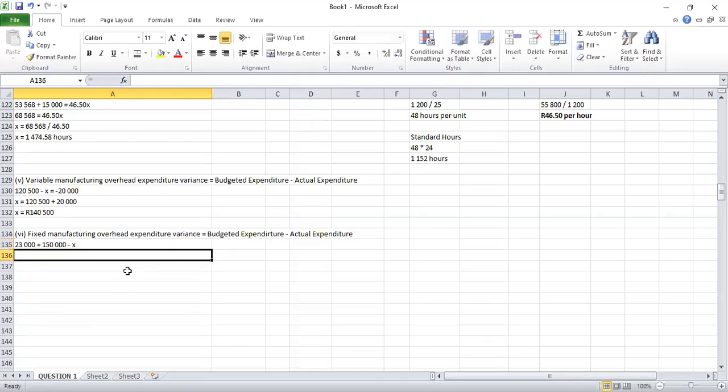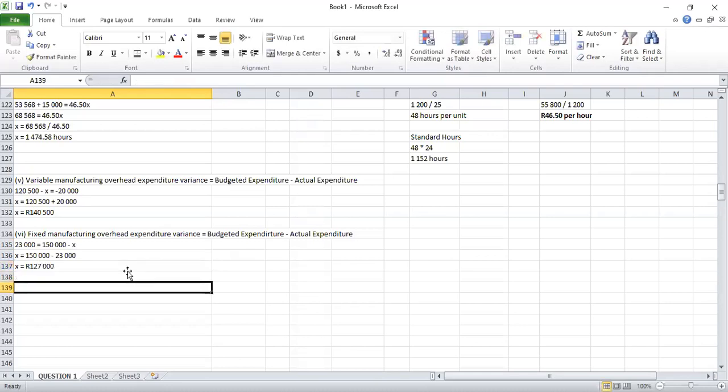Right, we get our x is equal to 150,000 minus 23,000. We get our x, 127,000. Any questions?